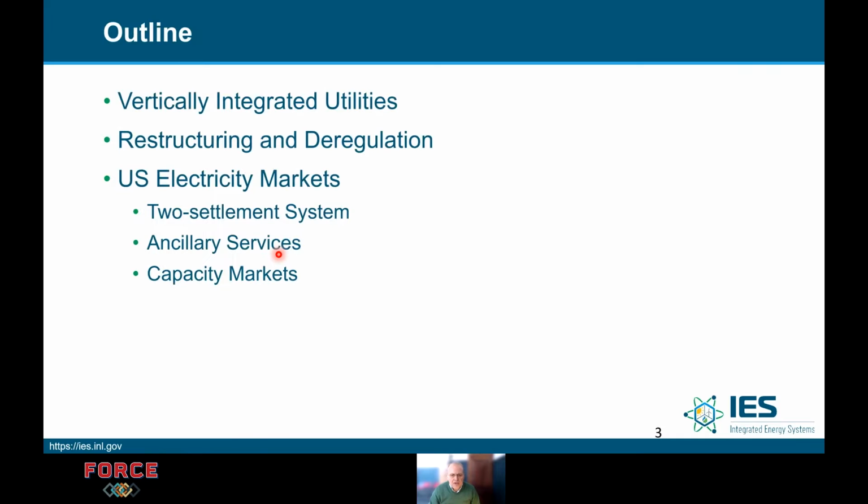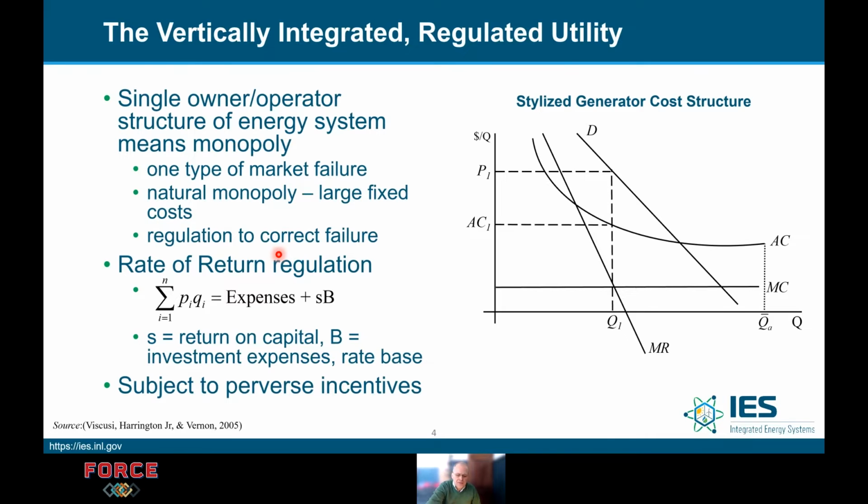All right, in terms of the vertically integrated utility, what does that mean? In the vertically integrated system, there is a single ownership structure that covers the generation assets, the transmission assets, and also the distribution assets. When I say single owner, I don't necessarily mean a single person. It can be a corporation or many different structures.